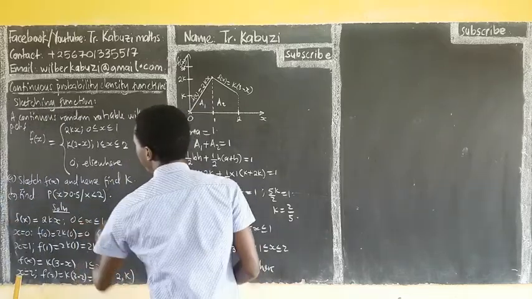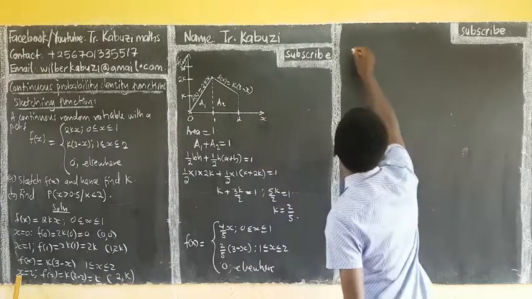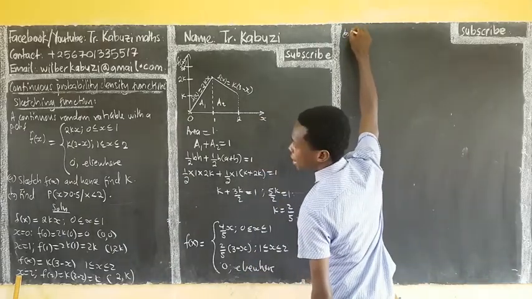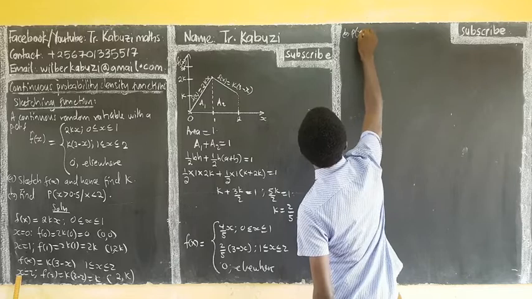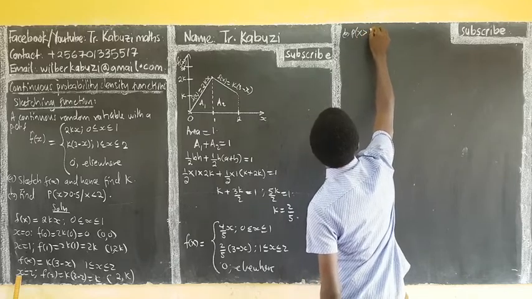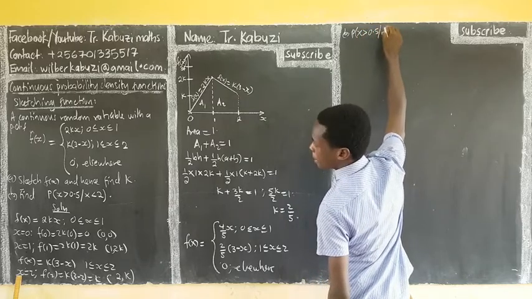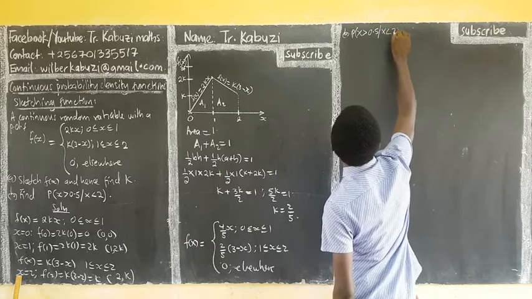Now part B, they want us to find this probability: the probability that x is greater than 0.5 given that x is less than 2.